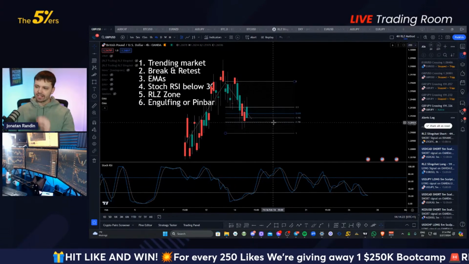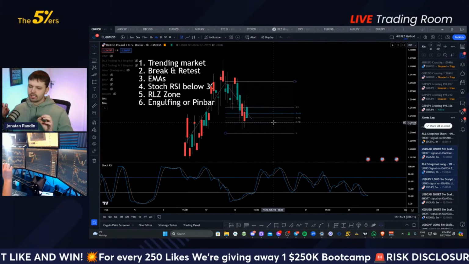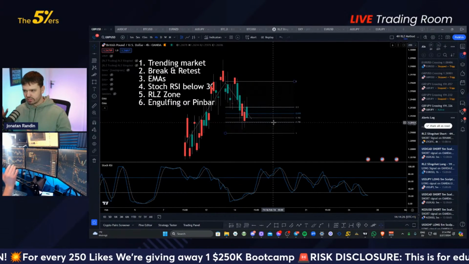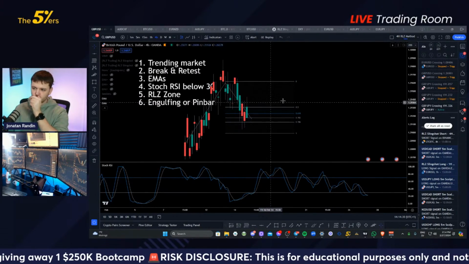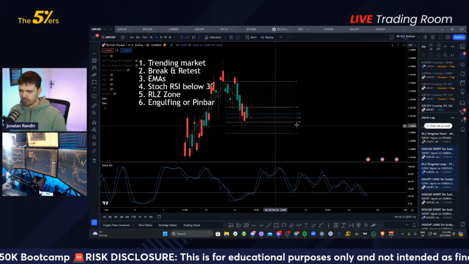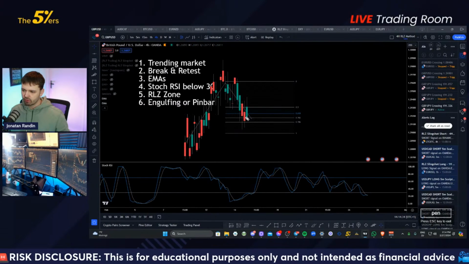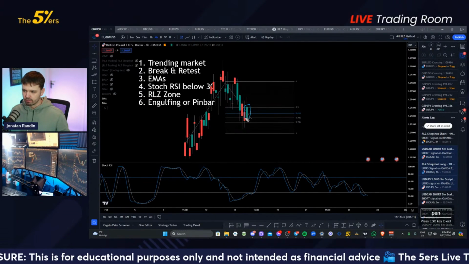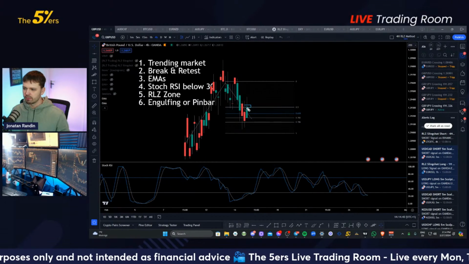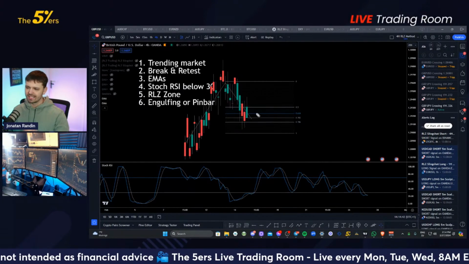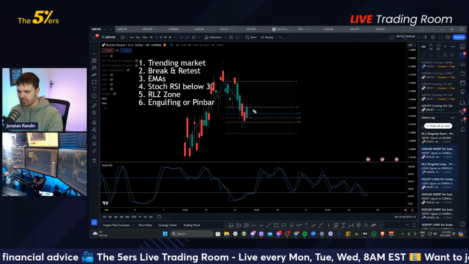Now, what I like to do, I guess this is personal preference, and this is the reason why I have the 50% fib here on the chart, is because I want preferably the bullish engulfing candle or the pin bar to bounce inside the reload zone, but close above the 50%, because the 50% is then acting as my confirmation line.